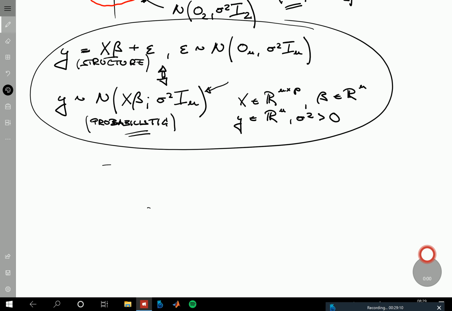But with the epsilon, because epsilon is a random variable, it's also a probabilistic model, but it's just written differently. These are just two ways of writing the same model, but the probabilistic form emphasizes a little bit more that the data is normally distributed, whereas the structural form emphasizes more that the error is normally distributed and is not that explicit about the data.